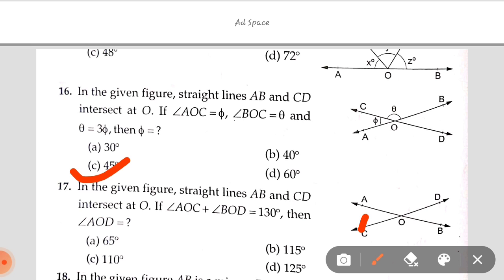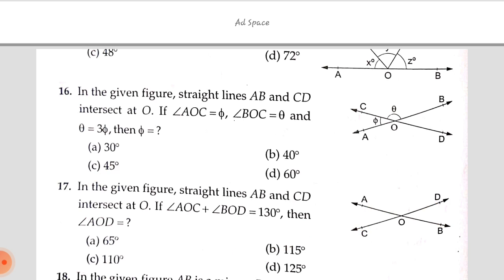First of all, take this, it forms a linear pair, and also take this similar one. Then here we form two equations. From the given two equations, we find that angle AOD is equal to 115 degrees.